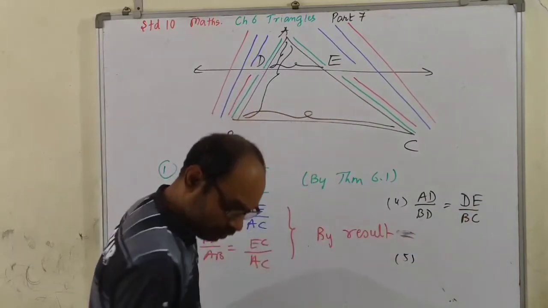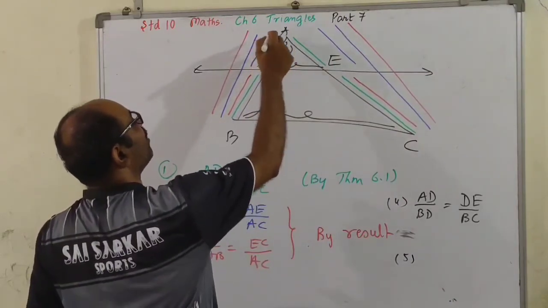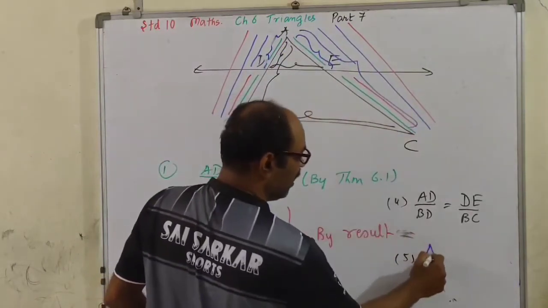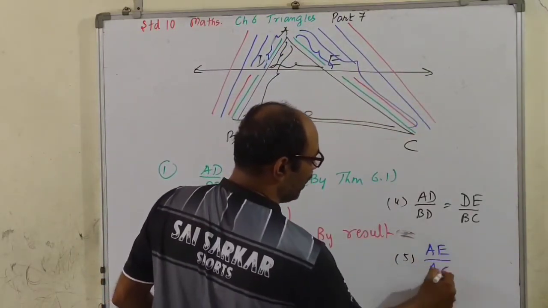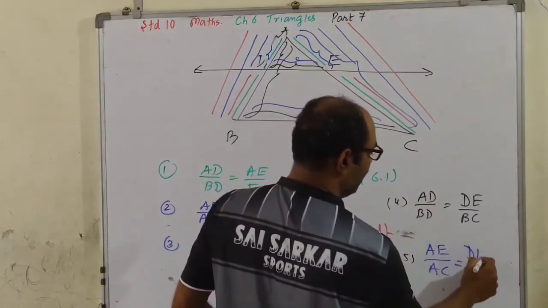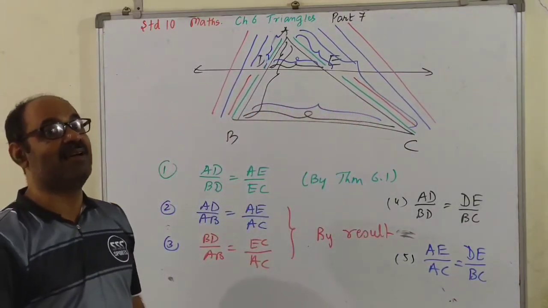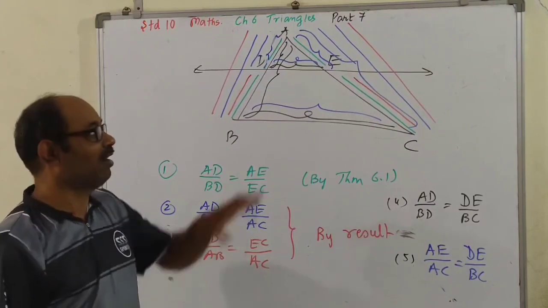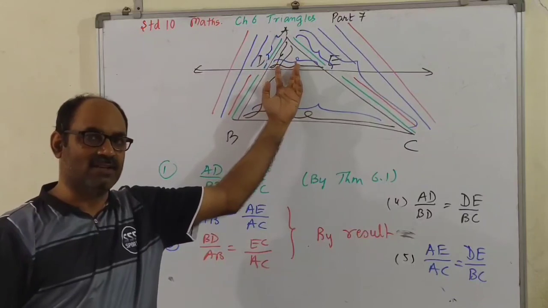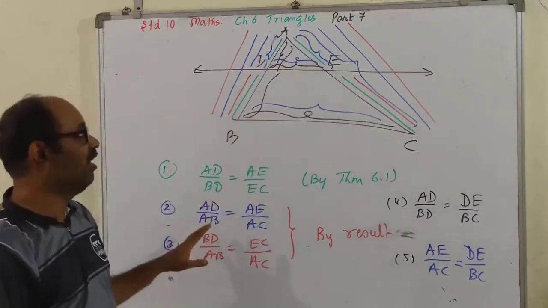And fifth, children, same: this side actually, AE upon AC is equal to the same DE upon BC. So these are the 5 results you get in the same situation, same condition. What condition do we have? A line is parallel to one side of a triangle and intersects the other two sides in distinct points D and E. Then we have 5 results.